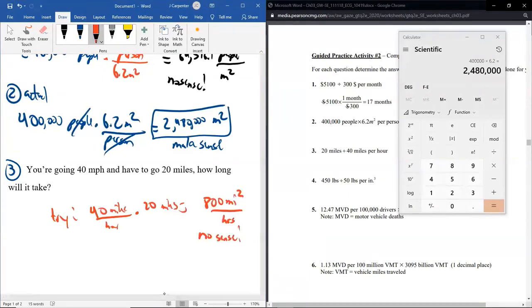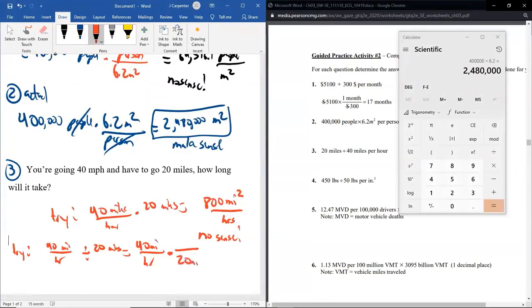Okay, so maybe it doesn't work with multiplication, so maybe you try dividing. So the next thing you try is the 40 miles per hour divided by 20 miles. Well, that's, excuse me, 40 miles per hour times, now the 20 miles was in the top, so it now goes in the bottom.